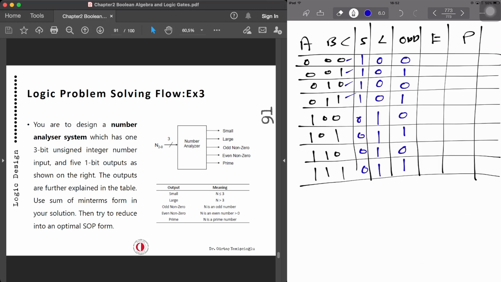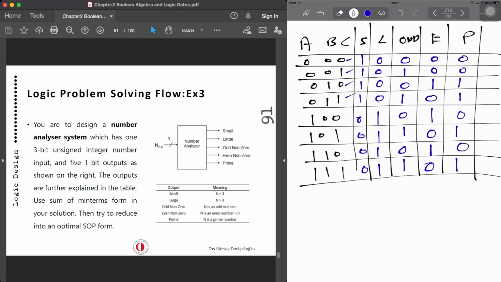And even non-zero means 0 is 0, 1 is 0 because it's odd, 2 is 1, 3 is 0, 4 is 1, 5 is 0, 6 is 1, and 7 is 0. So this is even. And the prime numbers are 2, 3, 5, 7. So 2, 3, 5, and 7 are ones, and the rest are going to be zeros.